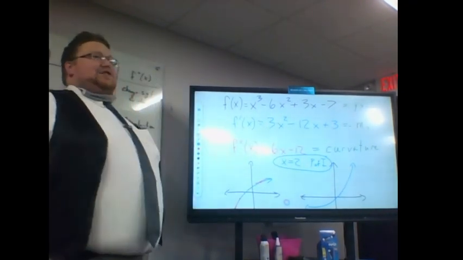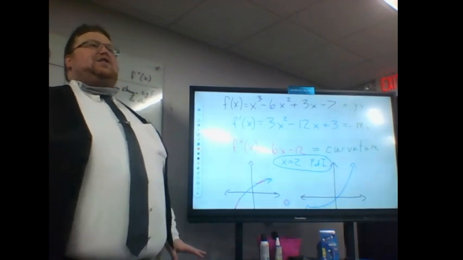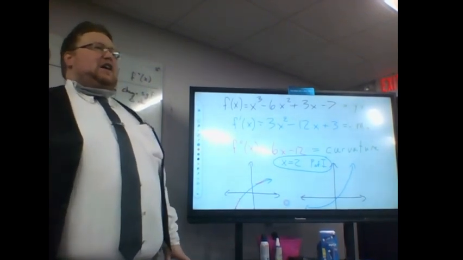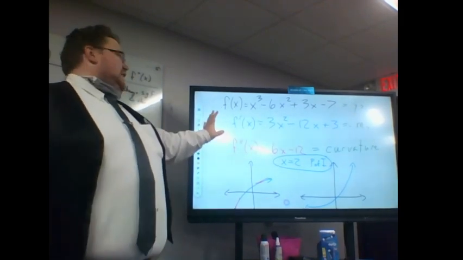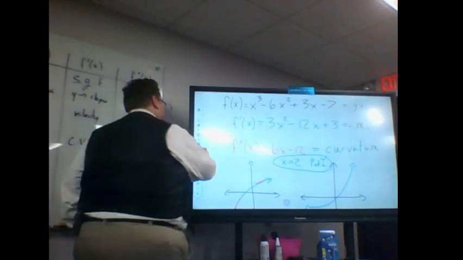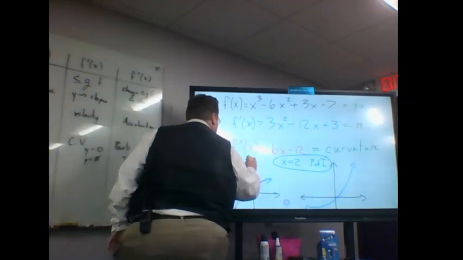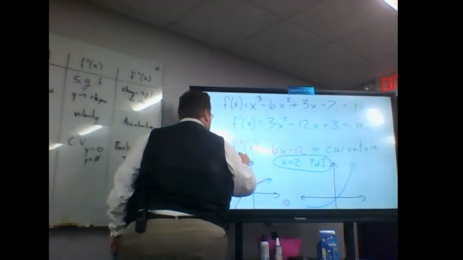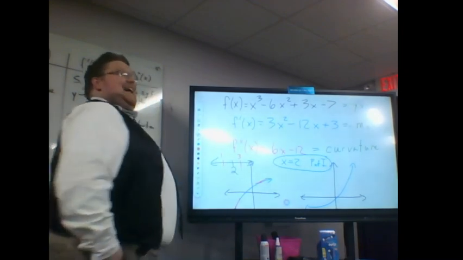And just like how I can determine the intervals of increasing and decreasing, I can determine concavity by testing around my points of inflection. So I can again make the same basic table that we did before. This time I'll put my points of inflection here, and I test around it, so maybe at like 1 and 3 or something, to determine the concavity of it.